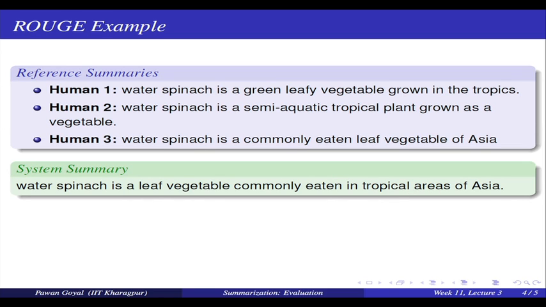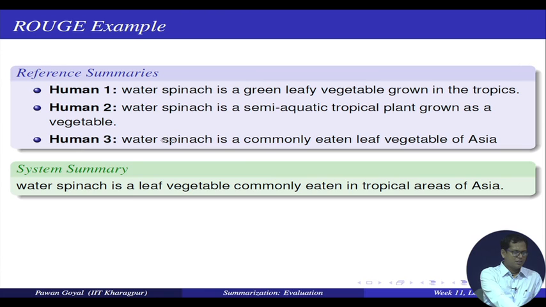So what you will do, you will find out how many bigrams are common in human summary 1 and system summary, plus common bigrams in 2 and the system summary, plus common bigrams in 3 and the system summary. That will be your numerator. Denominator will be bigrams in 1 plus bigrams in 2 plus bigrams in 3. So what are the bigrams in 3?